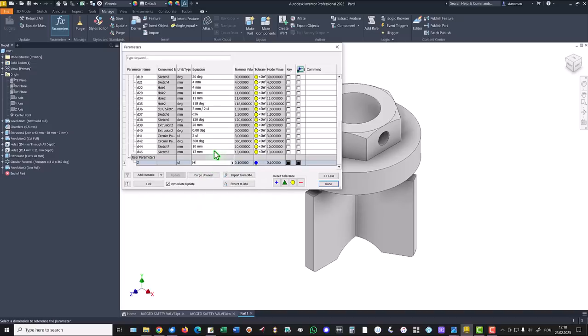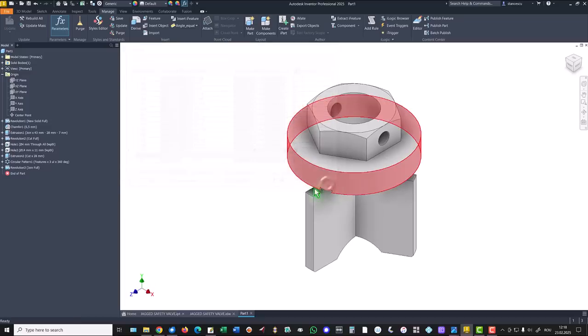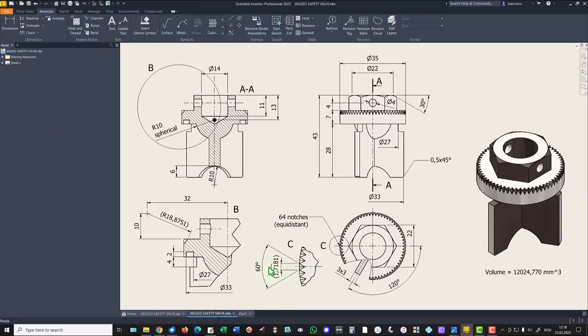We want here to have an equation by using this parameter Z with a value of 64. Why do we need this? Because this angle is 60 and we'll use the length of this arc.